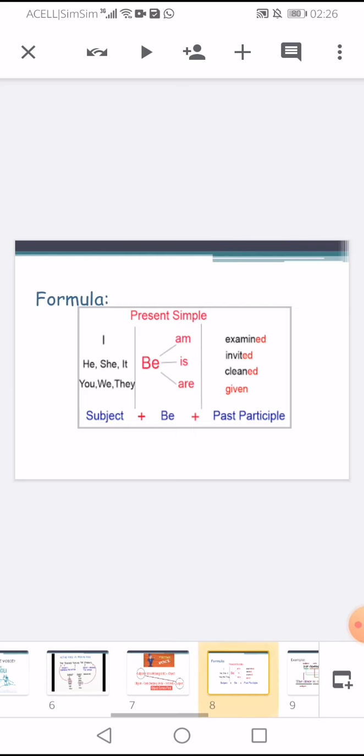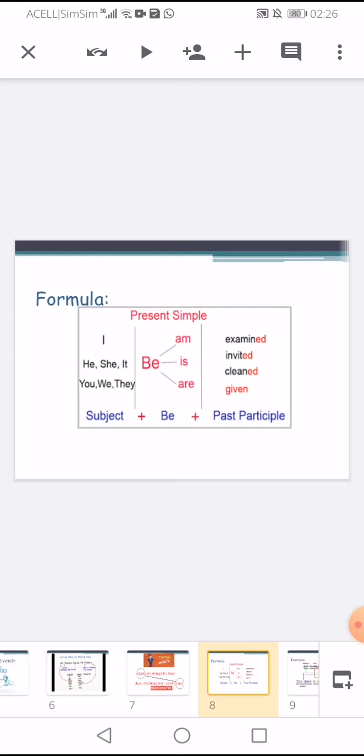The next slide, as you see, shows the formula of passive voice, and this is exactly the present simple passive. I, he, she, it, we, you, they. These are the subjects of the sentences, and relevantly they are the doers of the action. Plus be, which changes according to the person: am, is, are, plus past participle.